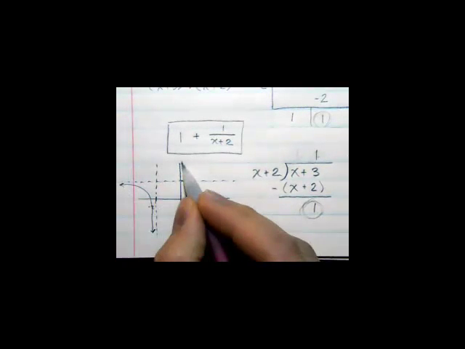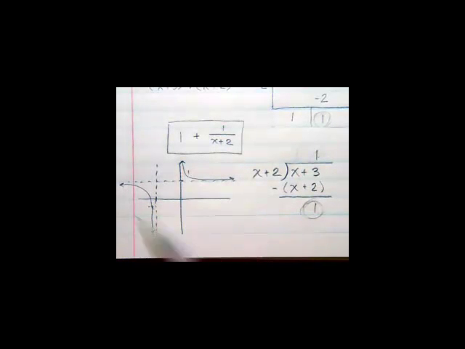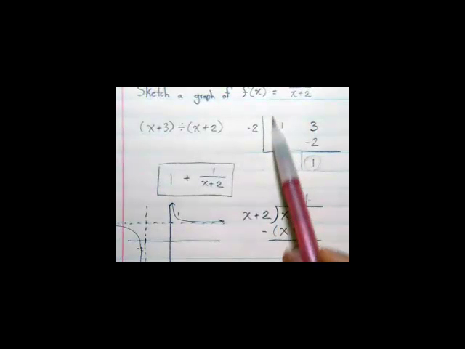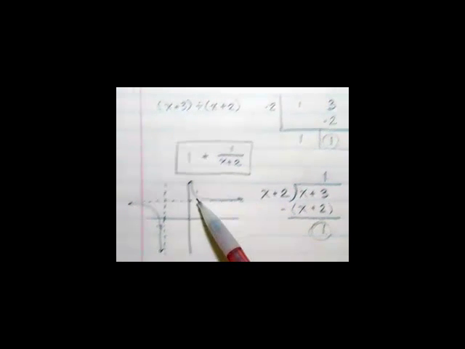Any reflections in this thing? Nope, there's no negatives in there, so there's no reflections. So it's going to be the same shape as a reciprocal. So it'll be caught in here and here. This graph represents the original one as well, right? Because when we divided it, we just wrote it in a new way and then did what we did before to make what the graph looks like.